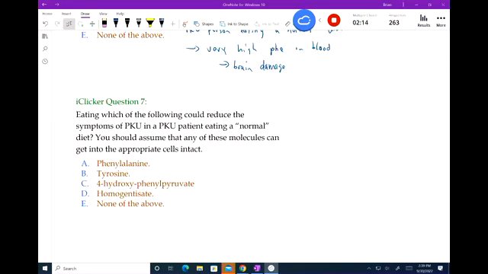Let's do 10, 9, 8, 7, 6, 5, 4, 3, 2, 1, 0.